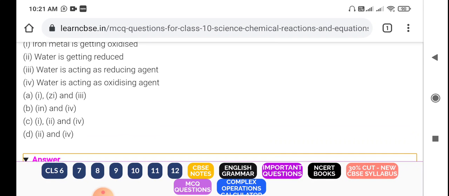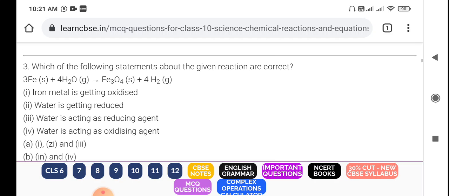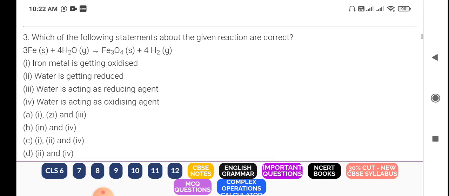First, iron metal is getting oxidized. Second, water is getting reduced. And fourth, water is acting as oxidizing agent. What happened? We look at the equation. When Fe is in the presence of air and water molecules, moisture, it will get rusted, so it is oxidized, and there is evolution of hydrogen gas, so the hydrogen of water is reduced.